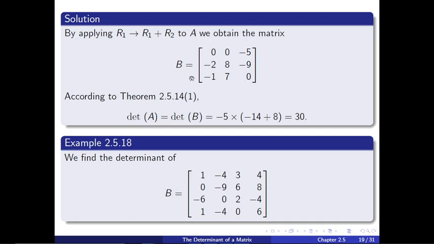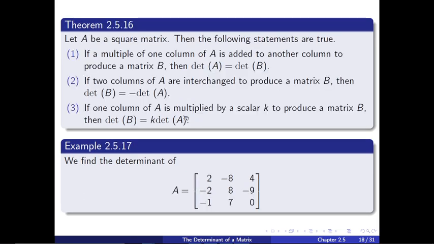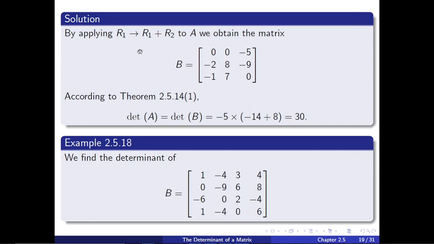And because the elementary row operation that we used here, R1 goes to R1 plus R2, does not affect the determinant, we know that determinant of A is equal to determinant of B, which is equal to 30.